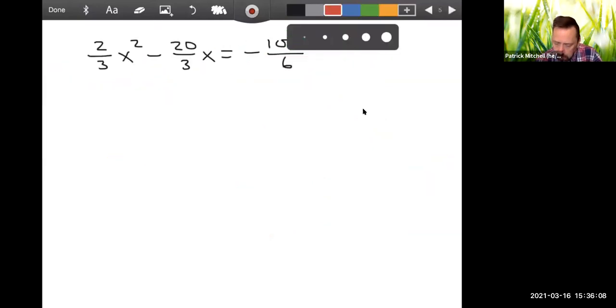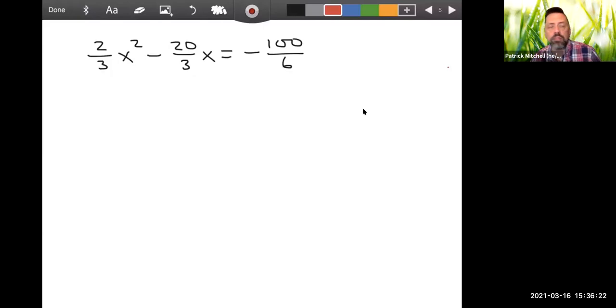We have this thing, 2/3 x squared minus 20/3 x equals negative 100/6. What I always recommend when it comes to equations that have fractions in them is, before you do anything else, let's get rid of the fractions by multiplying both sides by the LCD.